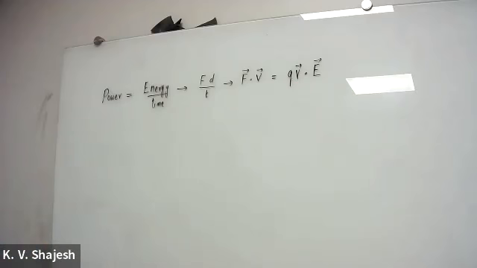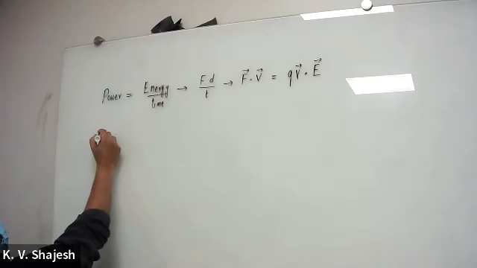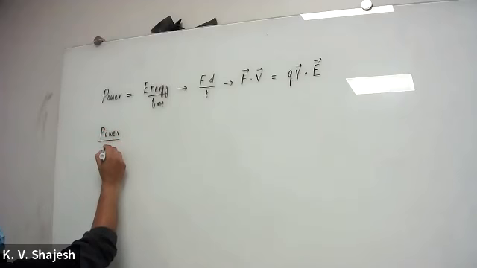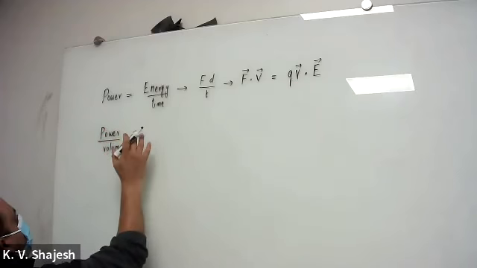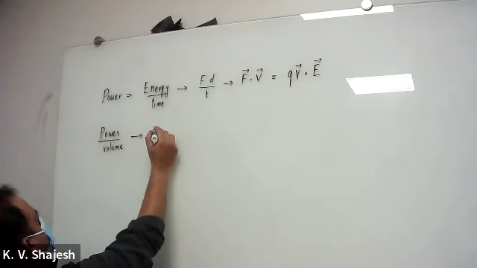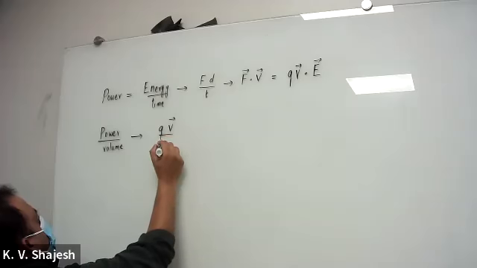Okay. And so that's power. But now let's talk about power density, right? Power per unit volume will be, and this is just a definition I'm giving just to motivate, QV over volume, right?